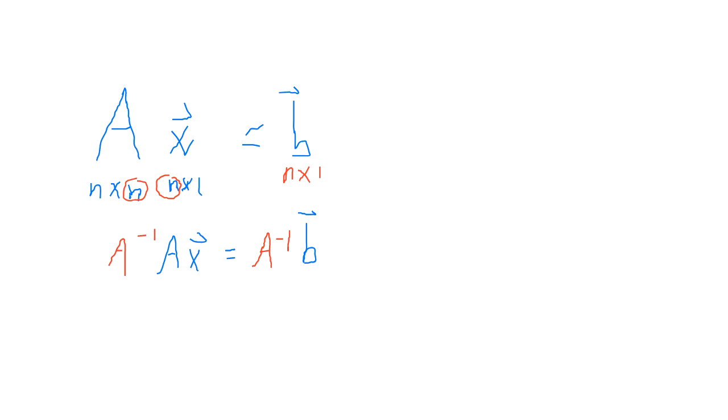You notice if it's multiplied on the left side, I have to multiply it on the left on the right side. So what does this do for us? What does this turn into? A inverse times A. What is A inverse times A? That's the identity matrix. What's the identity matrix times the vector X going to equal? It's going to equal X.